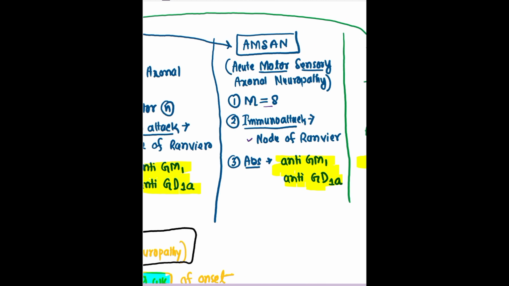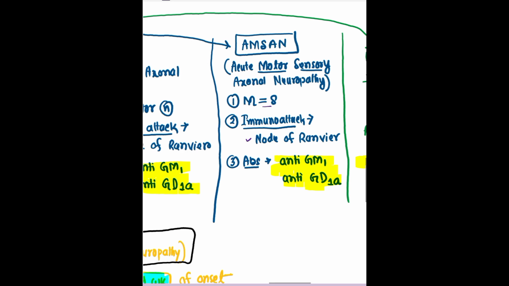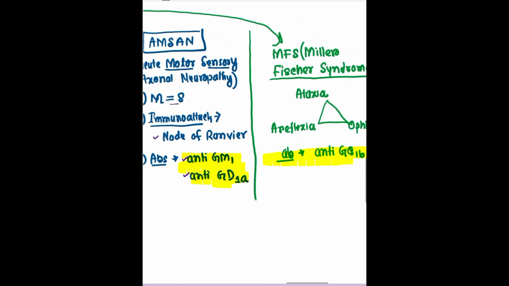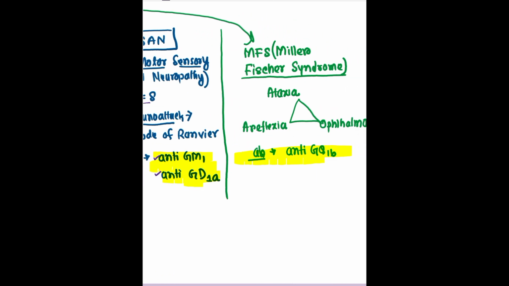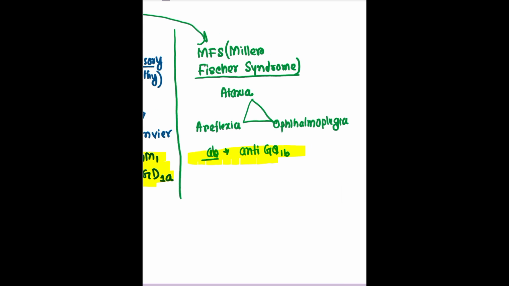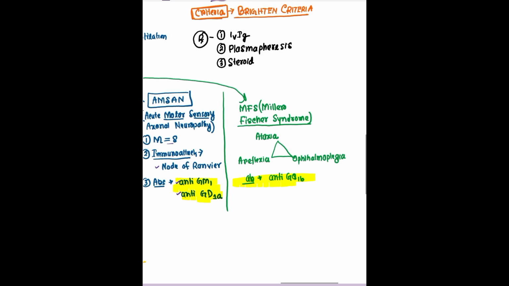The antibodies are similar to acute motor axonal neuropathy: anti-GM1 antibody and anti-GD1a antibody are both involved. Another variant is Miller-Fisher syndrome, which presents with a triad of symptoms: ataxia, areflexia and ophthalmoplegia. The antibody involved is anti-GQ1b antibody.